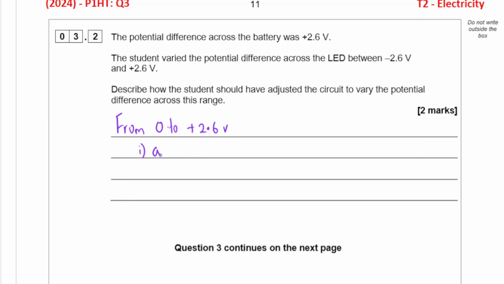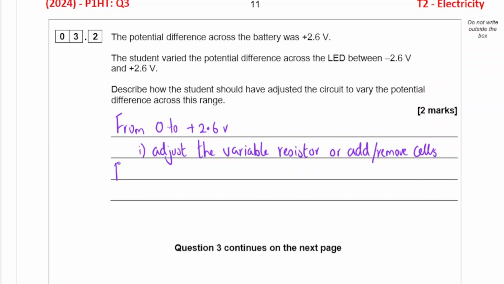either adjust the variable resistor or add, or you could say remove the cells.